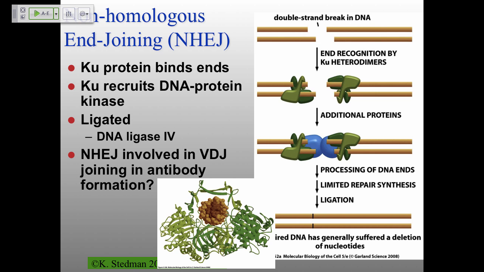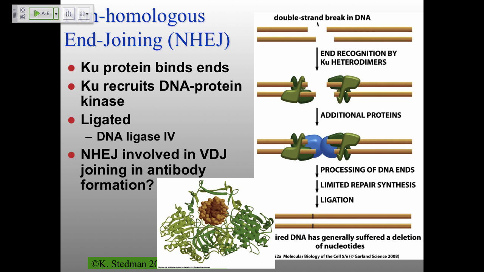And it turns out that generating huge amounts of genetic diversity in antibody-producing cells and also other cells of the immune system, which make the T-cell receptors, again, the important thing is not all those details, but that having mutations that happen in your DNA in certain parts of your genome turns out to be extremely useful. And one of the reasons it's so useful is that antibodies have to have a huge amount of genetic diversity.